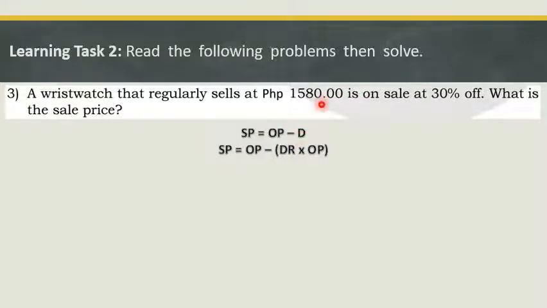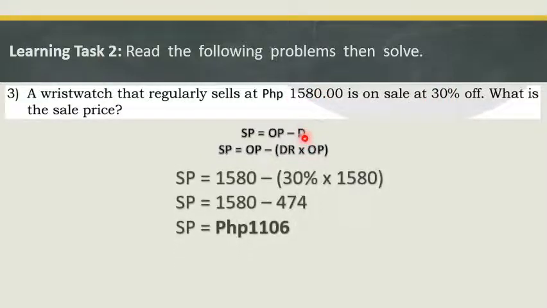So, since wala ditong discount again, hindi natin alam kung ano yung discount, paano ba kinukuha yung discount? So, multiply nyo lang yung discount rate sa original price. So, ito naman siya. Discount rate, original price, nandito naman siya. So, gamitin natin siya para makuha yung discount. So, ang ating original price is 1,580. Ang discount rate natin is 30%.